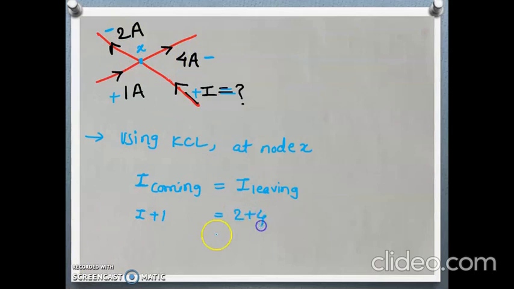So 2 plus 4. This I plus 1 equals to 2 plus 4 is 6. So I will be 6 minus 1 is equal to 5 ampere. This is the required current.